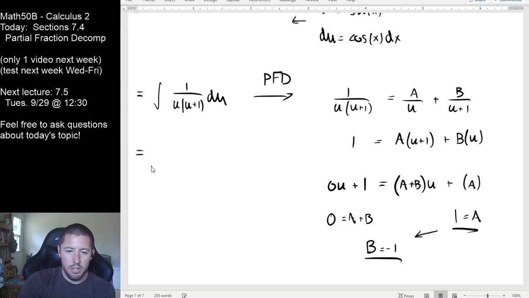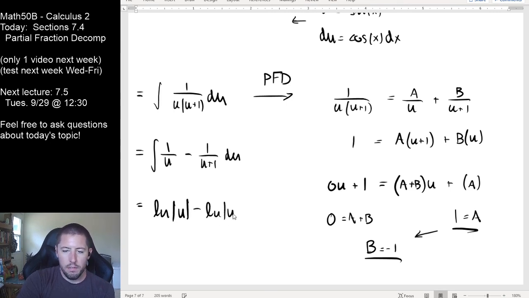So it looks like I should be able to rewrite this integral then as a over u, that's going to be 1 over u. Looks like b is negative 1, so I'm just going to write this as minus 1 over u plus 1 du. I've figured out my decomposition here. This should be giving me a pretty nice and easy natural log of u minus natural log of u plus 1 plus c.